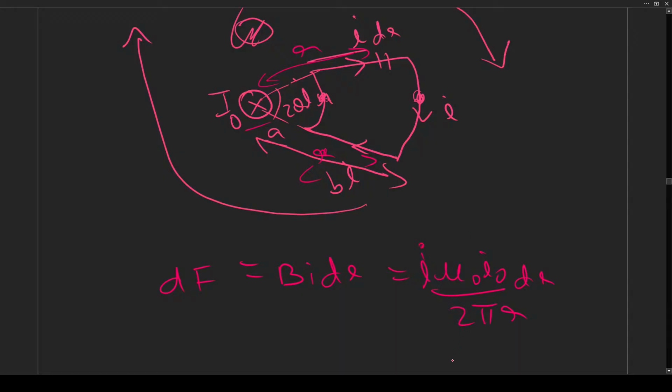I mu naught I naught by 2 pi r dr. This is the small force F acting on a single segment.